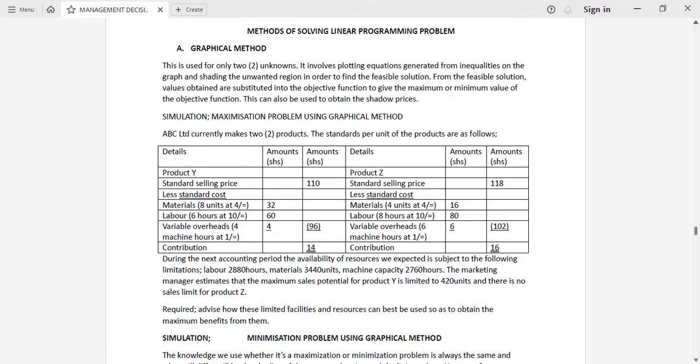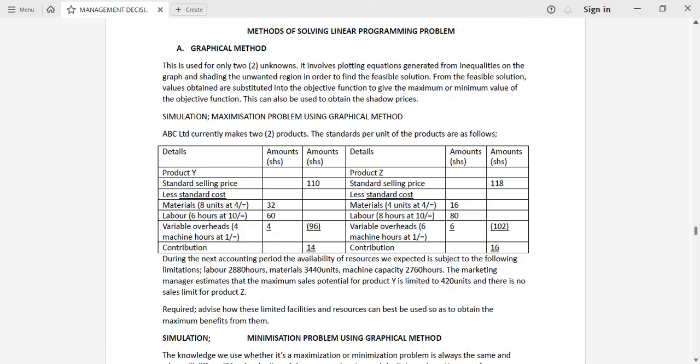The shadow price is just looking at the increase in your objective function if the scarce resources were increased by just 1 unit.